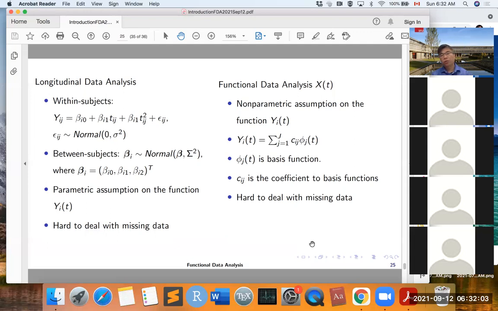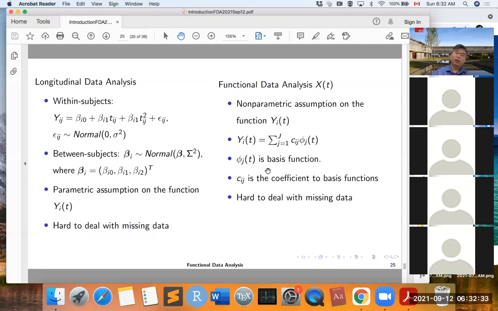Next, I want to look at the differences between longitudinal data analysis and functional data analysis. We have one student working on longitudinal data analysis, and both are working on data measured over multiple times, right? So what are their differences?